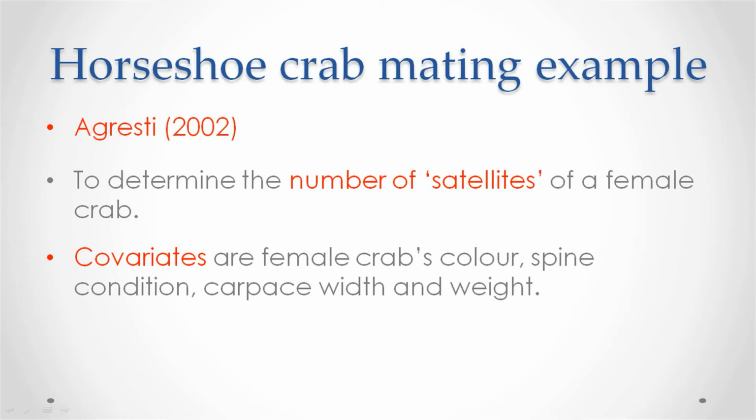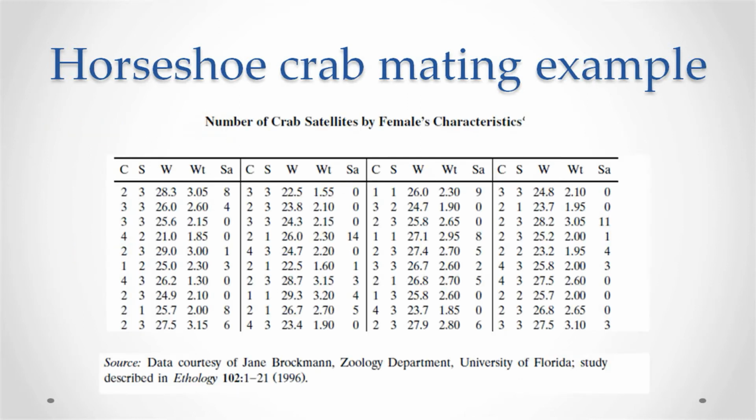We're interested in relating this number of satellites to covariates of the female crab, which are color, spine condition, carpus width, and weight. For now, we shall only consider width as a predictor, though of course it is easy to generalize the models which we shall define to include additional covariates.